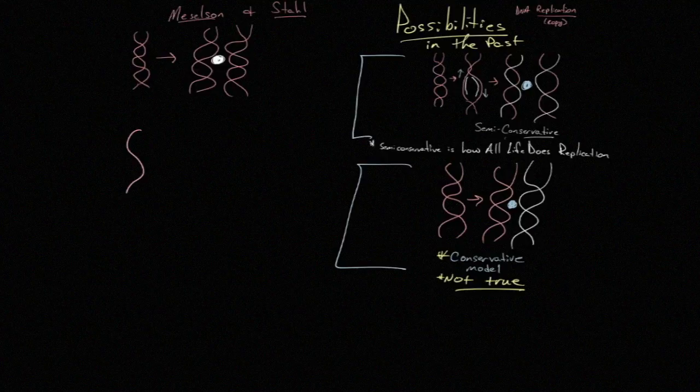You had the original DNA, and we go through replication, but now instead of the chromosomes being all the original strands and another being all the new strands, or one chromosome having half of each, one strand original, one strand new in each molecule of DNA, the other possibility, called the dispersion model, was that you would have a partial.